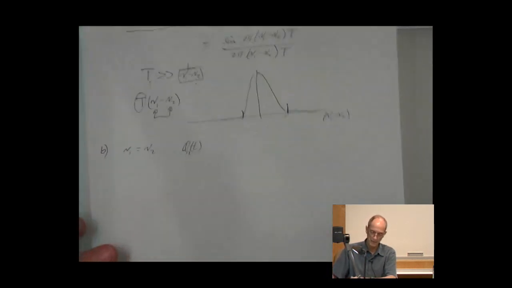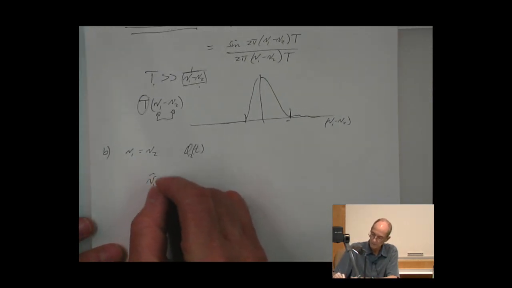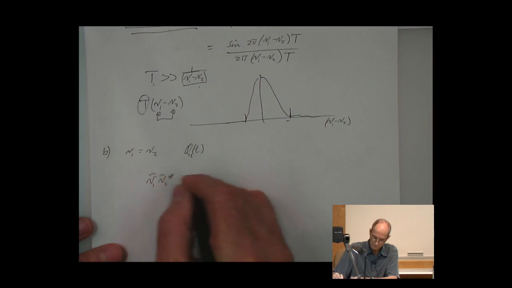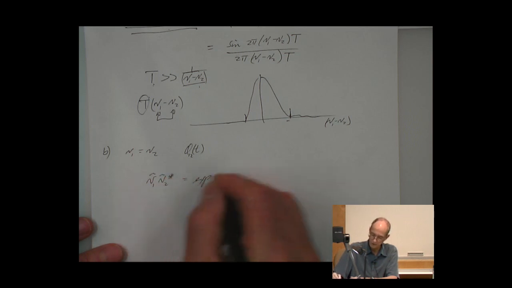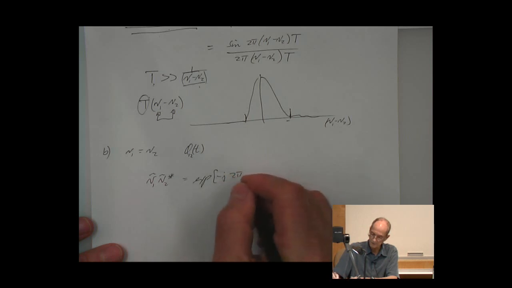Okay, so we can represent that as V1 V2 star. This is, again, exponential of minus j 2 pi. They have the same frequency, nu.